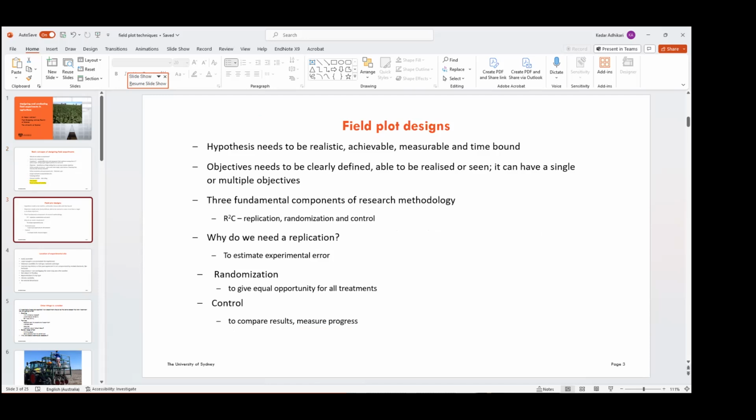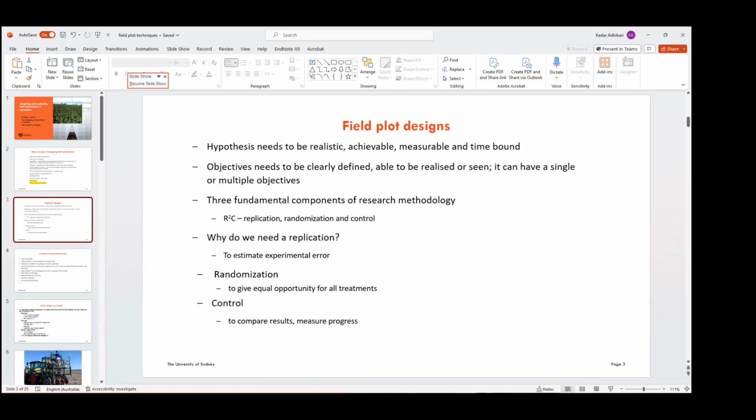In field experiment design, the main thing, as I said before, is the hypothesis. We have a hypothesis, but you need to make sure the hypothesis is realistic, achievable, measurable, and time bound. It can't be just open-ended. You can't just say, oh, I want to do this experiment; you need to know why you want to do it, how long it takes, and what resources you have.